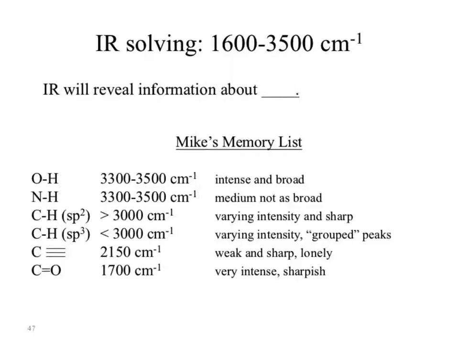Okay. So, when solving, IR reveals information about bonds, and only a bond. If we go through and look at this list of things that I'm telling you that you should go through and memorize, notice what I'm highlighting? Only bonds. I'm giving you the wave numbers, where that signal shows up, and I'm then also giving a rough description of what it looks like.